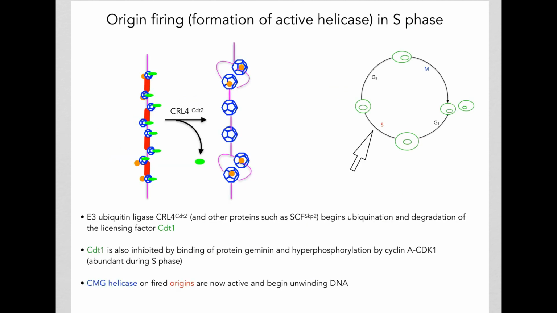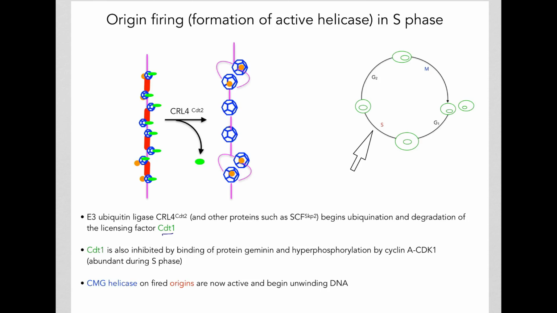So in the next step, we have proteins such as the E3 ubiquitin ligase protein called CRL4-CDT2, as well as several other proteins such as the SCF-SKP2. These proteins will initiate the ubiquitination and degradation of this licensing factor CDT1.